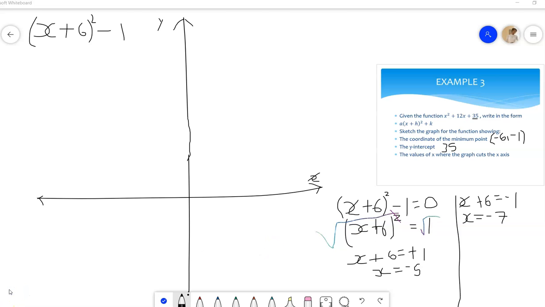So we draw and label our axes. The next thing we are supposed to do is put in the values that we will need, the x values and the y values. I see we need negative 1, and let's say negative 6 is somewhere here. The y-intercept is 35, and it's positive, so I'm putting it up here.